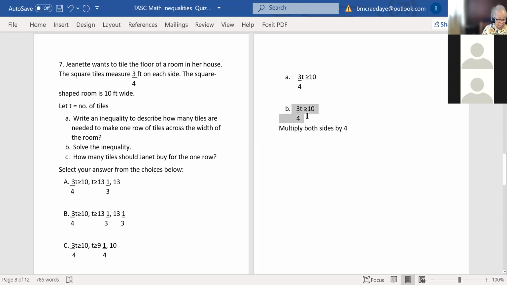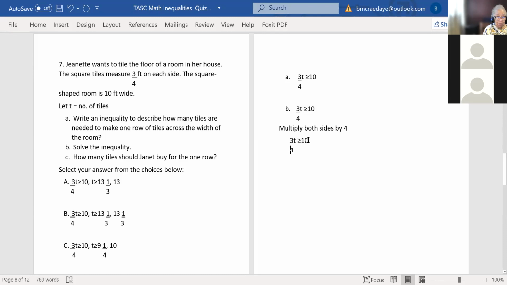Let's just put that there. You're going to multiply both sides by 4. And that will give you, take out the A there. Okay, that will give you what? Well, four times this would just give you the 3t, right?